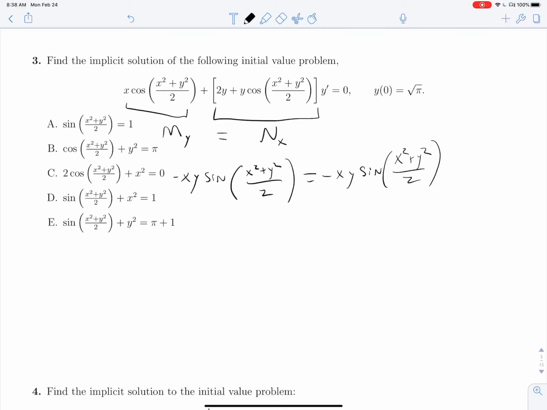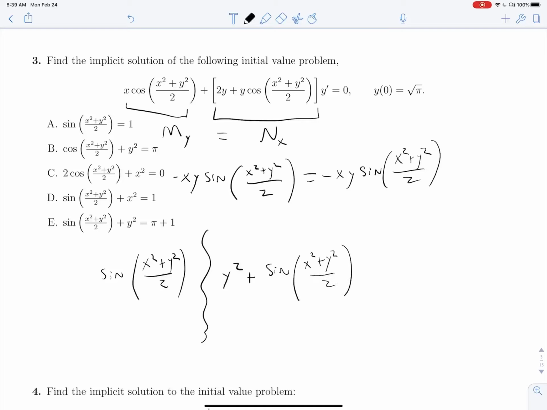Okay, so we know that our equation is exact. We can now integrate M dx, and when we do that, we will get sine of (x squared plus y squared) over 2. And then on the other side, when we integrate N dy, we will get y squared plus sine of (x squared plus y squared) over 2.